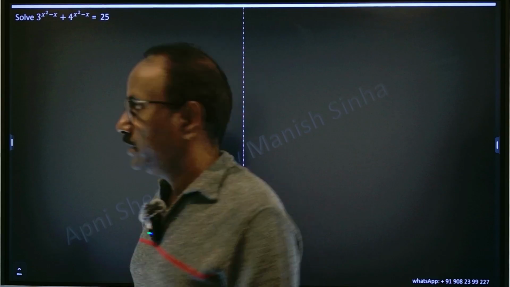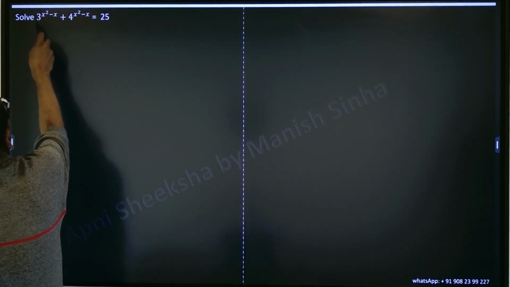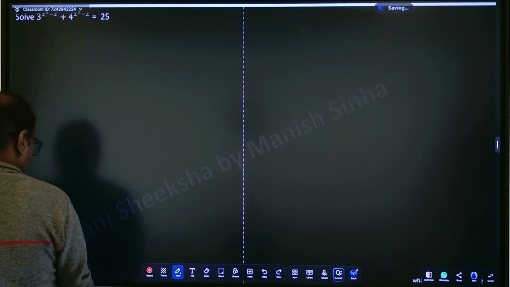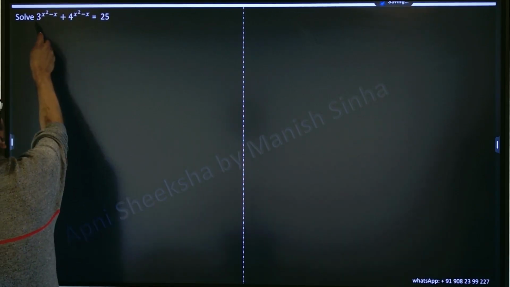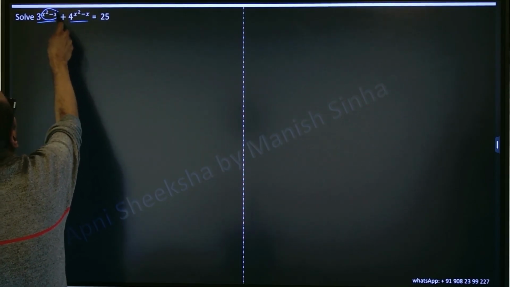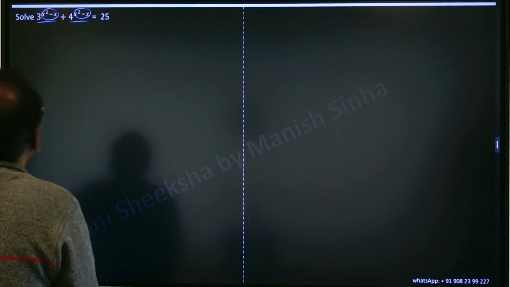Now we will go for this equation. 3 to the power x square minus x. You can see x square minus x is in the power.